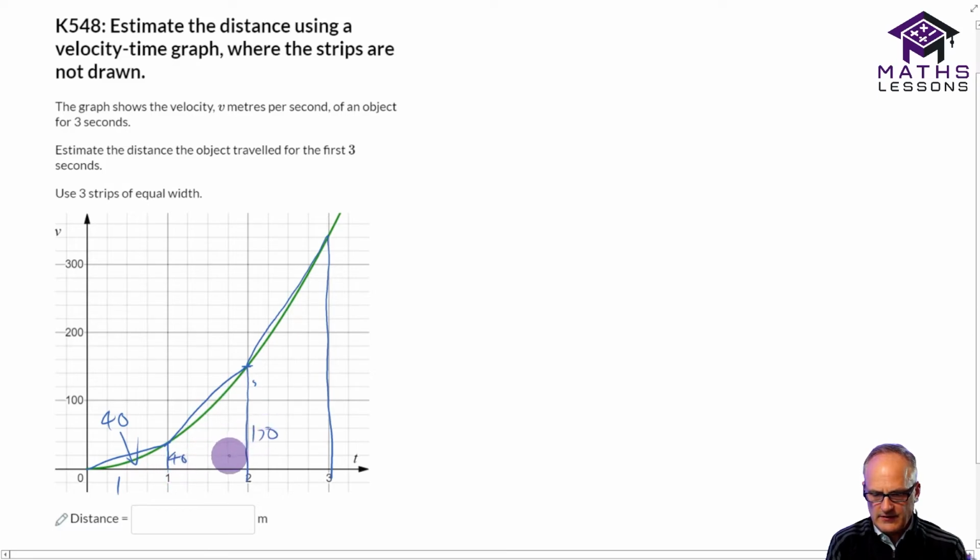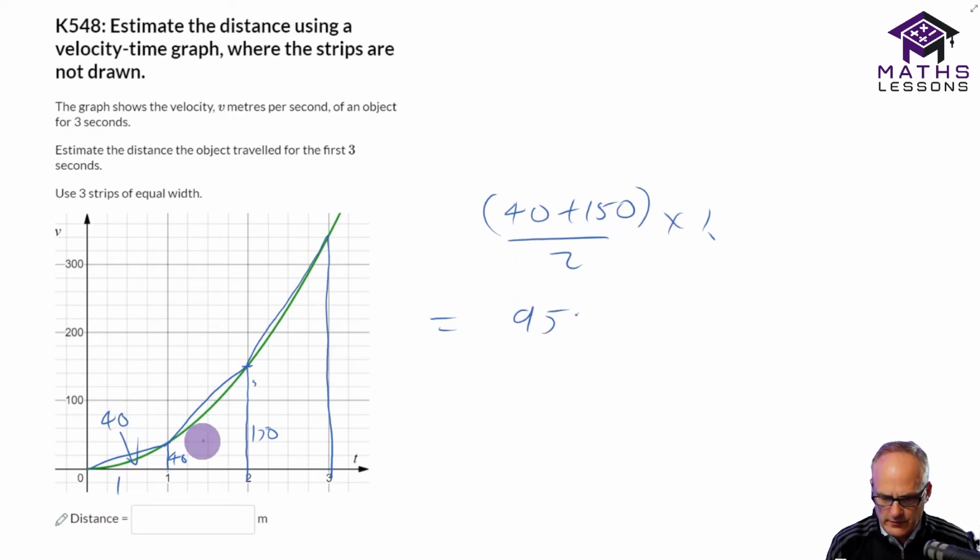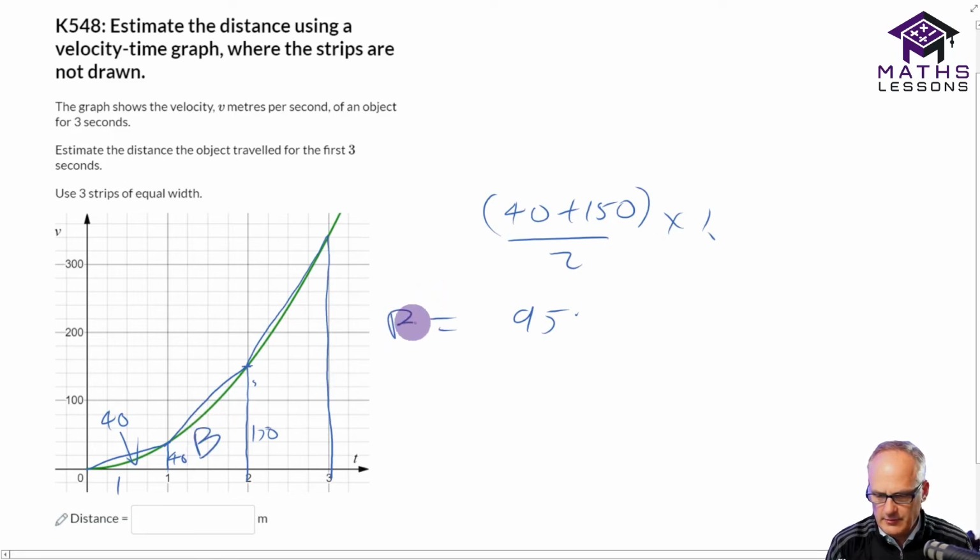So the area of this one here is going to be 40 plus 150 over 2 times by 1, which equals 190 over 2, which equals, we call that area B. Area B will equal 95. We call this area C. We know that height's 150. We can see we're going to go all the way up to 340.